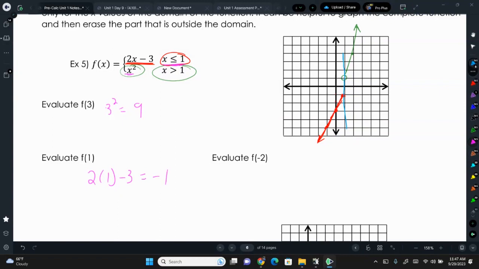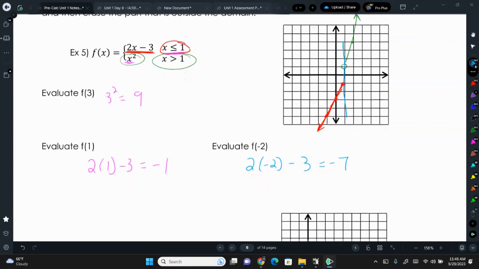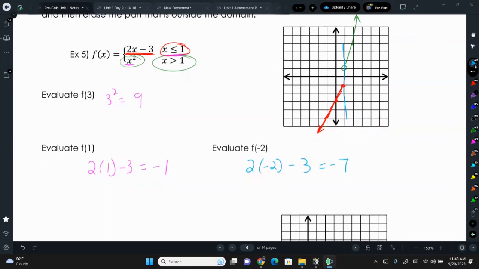And then f of negative 2, we're going to use the top one again. So 2 times negative 2 minus 3, which gives us negative 7. So these piecewise functions, evaluating them isn't difficult, but graphing them can be, just because it's a mess to erase things.